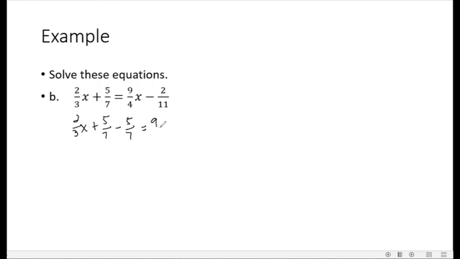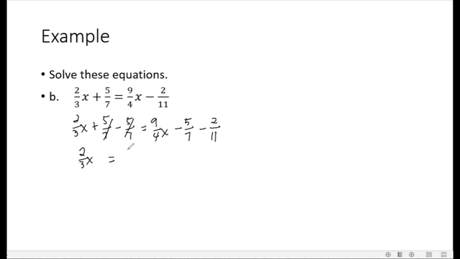So bring down 9 over 4x. Then again, we add negative 5 over 7 because we use the addition property of equality, both sides negative 5 over 7. Then minus 2 over 11. So bring down 2 over 3x, then 5 over 7 minus 5 over 7, so that becomes 0.